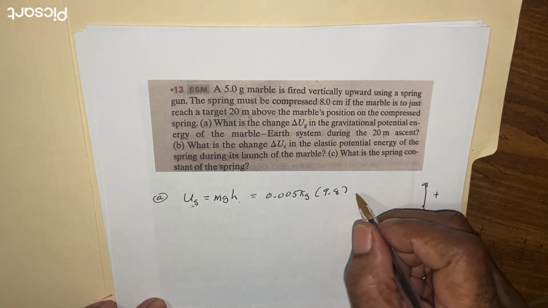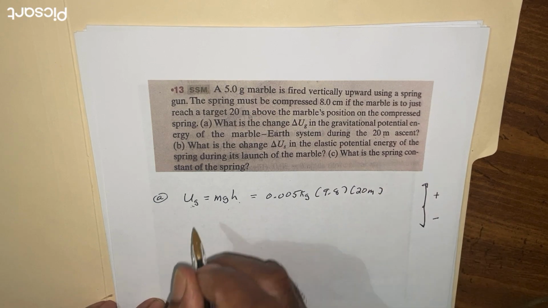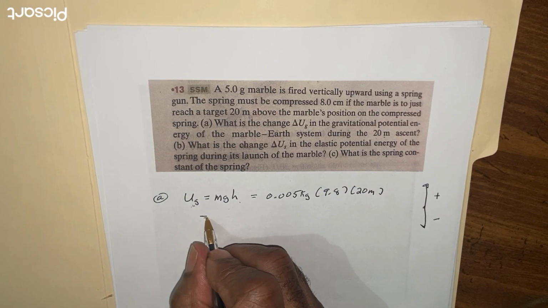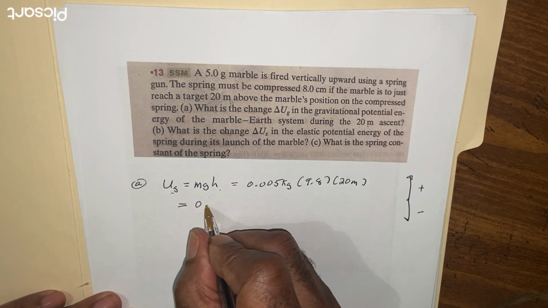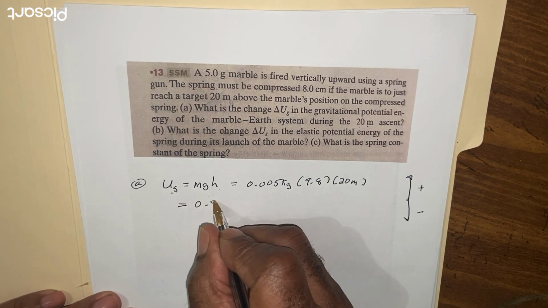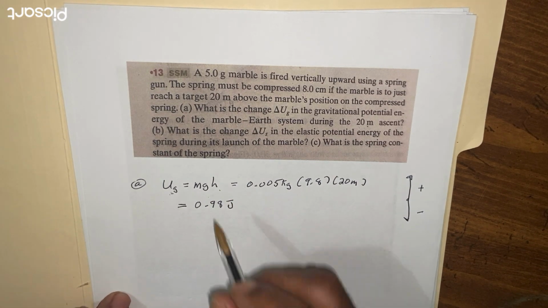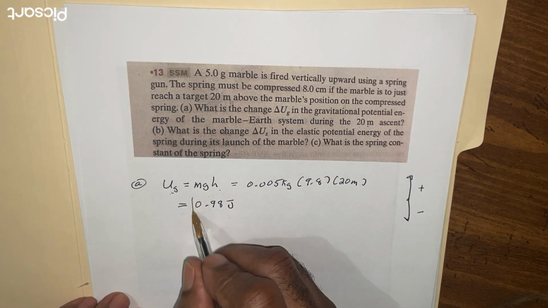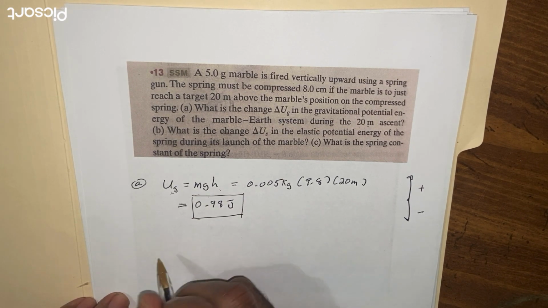And times the height, which is 20 meters, and we get 0.98 joules for the potential energy at 20 meters.